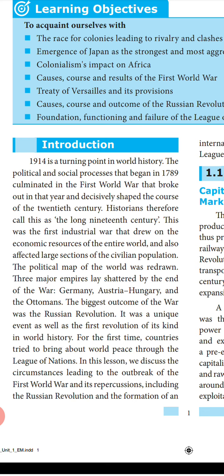The biggest outcome of the war was the Russian Revolution. Because of the First World War, revolution broke out in Russia. It was a unique event as well as the first revolution of its kind in world history. For the first time, countries tried to bring about world peace through the League of Nations, an international organization before the United Nations.